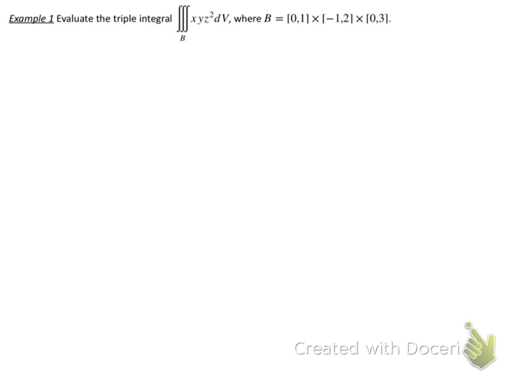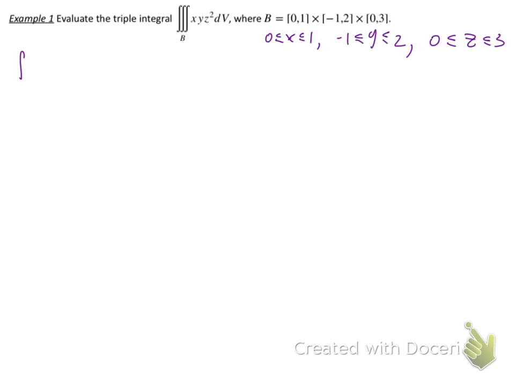First example, evaluate the triple integral over box B of xyz squared dV, where B is [0,1] cross [-1,2] cross [0,3]. That is the same as x sits between 0 and 1, y sits between -1 and 2, and z sits between 0 and 3. They are the same thing.